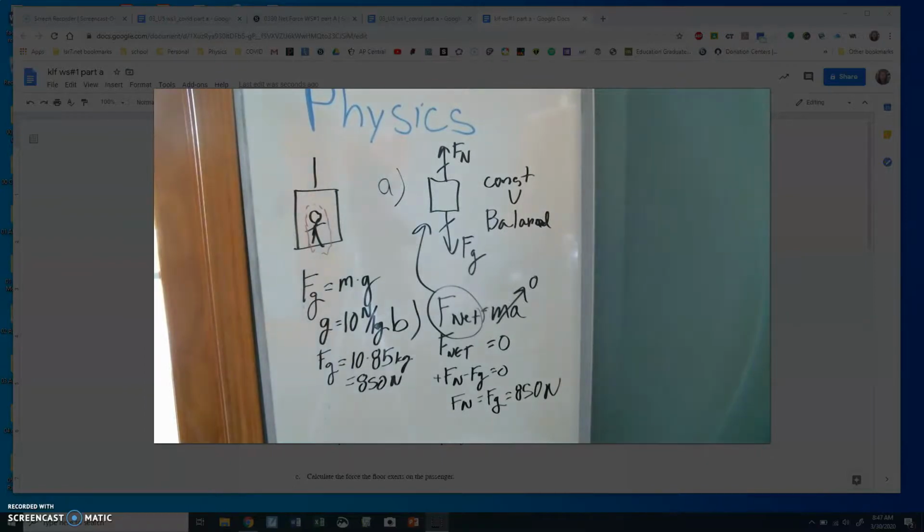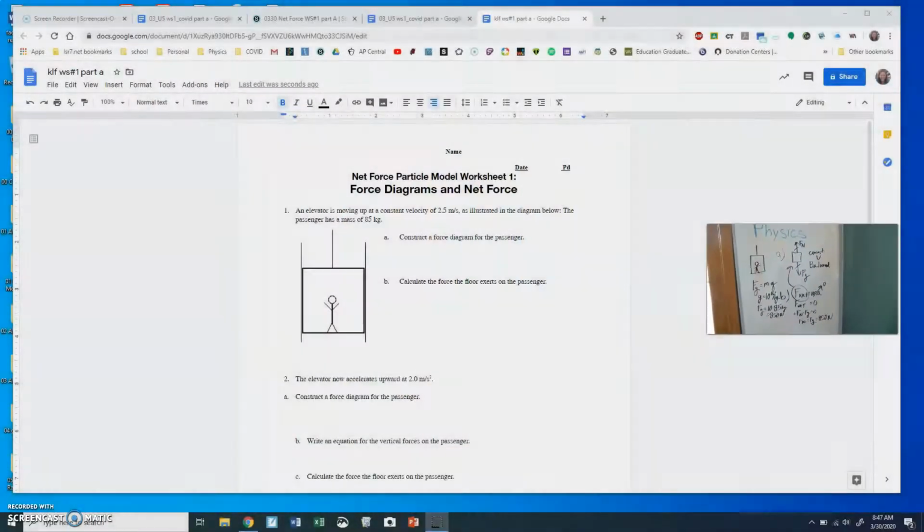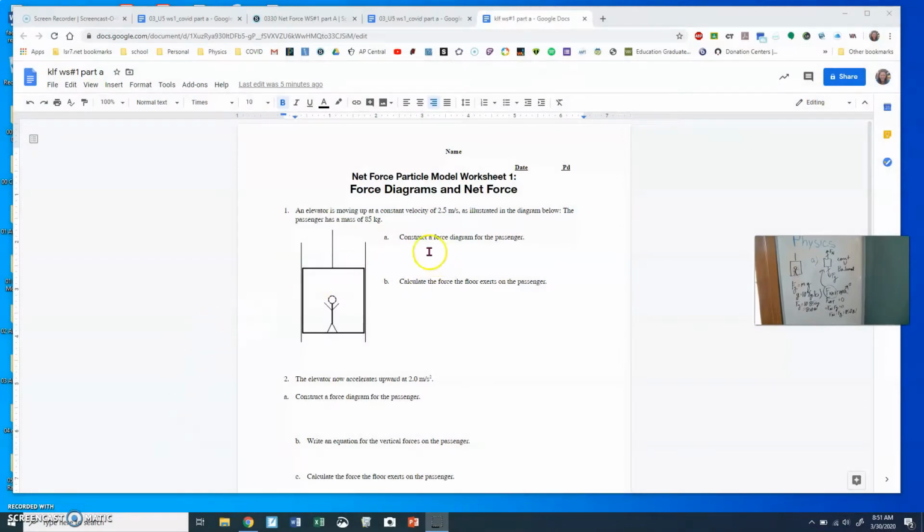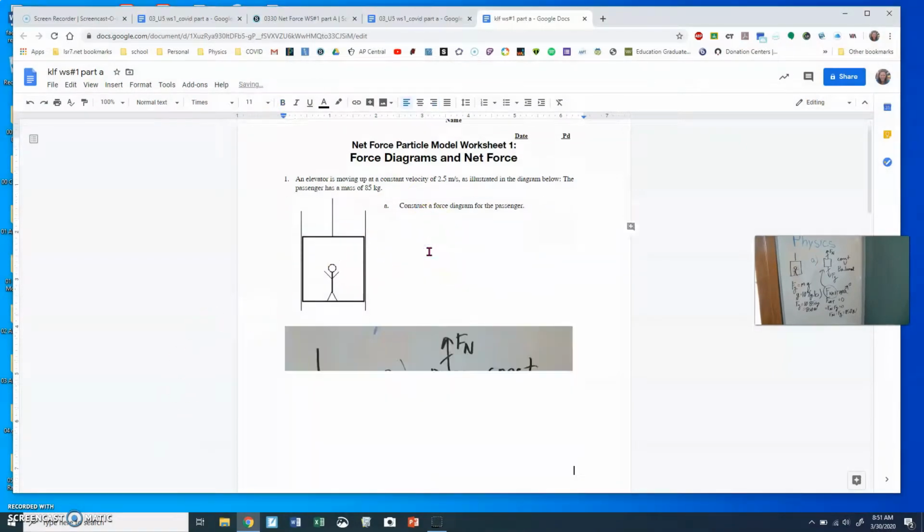So what am I going to do to submit? Good, I'm still recording. I'm going to do a quick screenshot, and I'm going to go back to my document, and I'm just going to paste it.